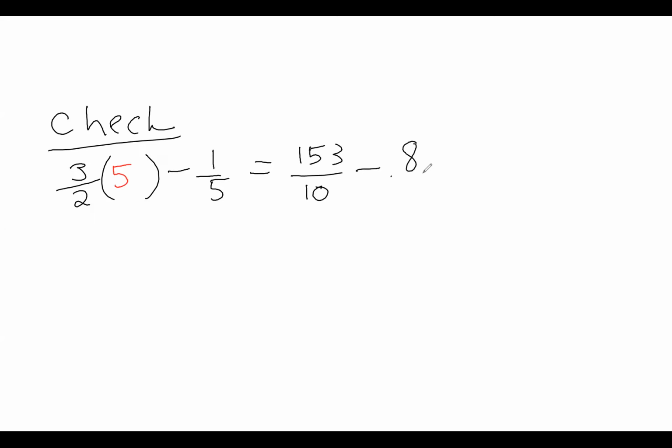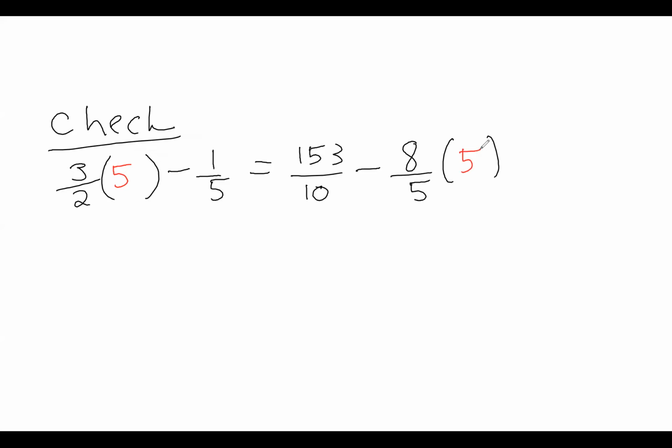So my original problem was 3 over 2, and then in parentheses, instead of a, I'm going to write 5, because that was our answer that we got, minus 1/5 equals 153 over 10 minus 8/5, and then here's another a, so I'll replace that a with 5.